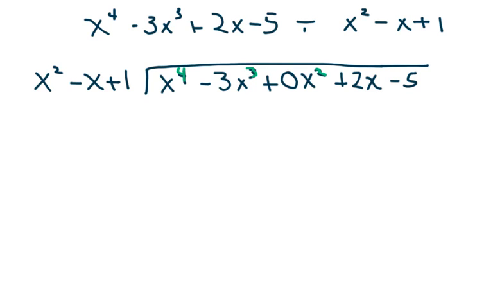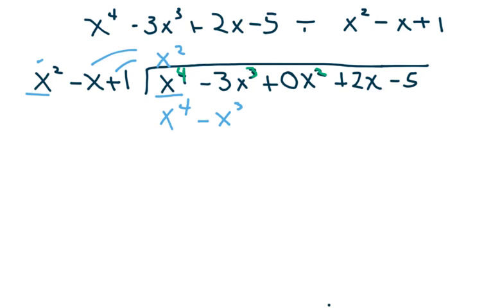Alright, now what we're going to do is say what times x squared gives me x to the 4th. And that would be x squared. So when you multiply, you're multiplying x squared times x squared, and you get x to the 4th. But you also have to multiply these two here. So x squared times negative x is negative x cubed.